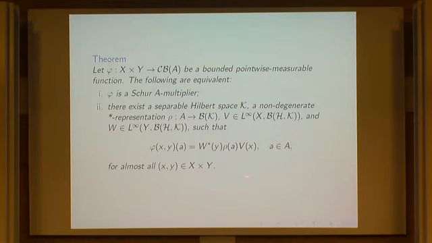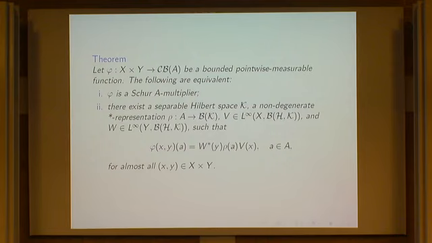Right. The theorem that characterizes these objects is an extension of the previous theorem that I mentioned, of Grothendieck, Haagerup, and Effros. It goes like that. Your function is a Schur multiplier precisely when, again, it has a factorization. It factorizes in the following way now. You take a representation rho, a star representation of your C*-algebra, and you take two functions.